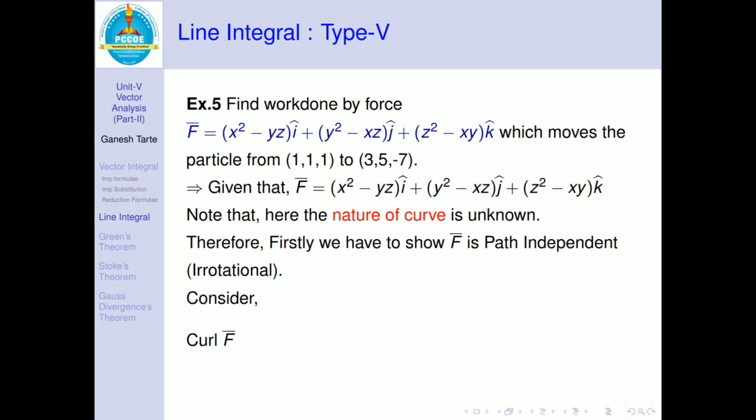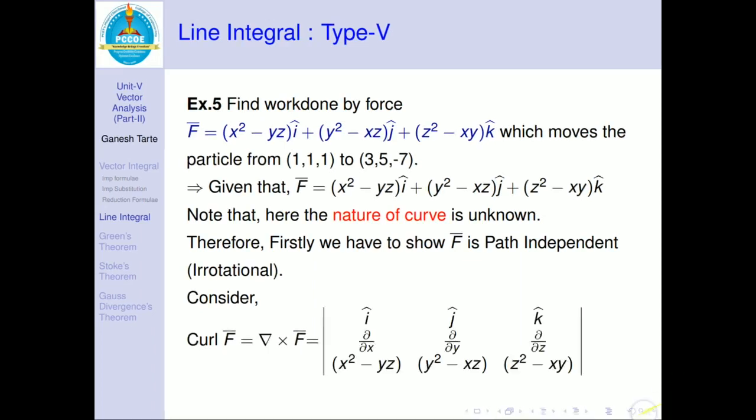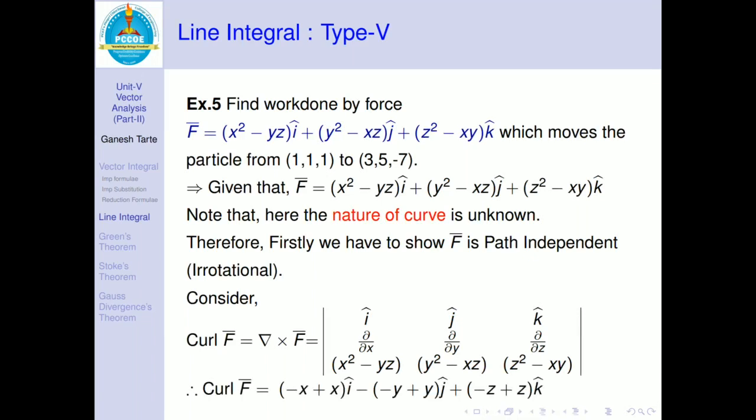For irrotational vectors we have to show the curl of F bar, that is del cross F bar, should be 0. Del cross F bar means the determinant with first row i j k, second row del by del x, del by del y, del by del z, and third row the coefficients of i j k in F bar: x square minus yz, y square minus xz, and z square minus xy.